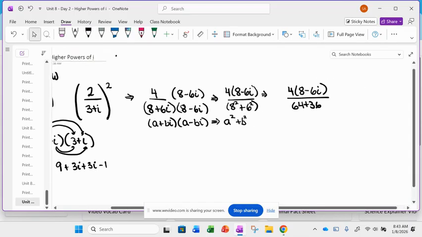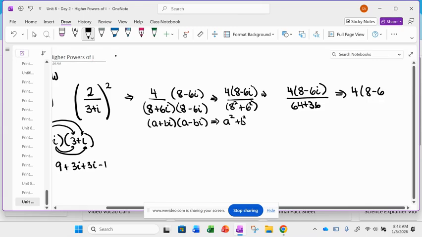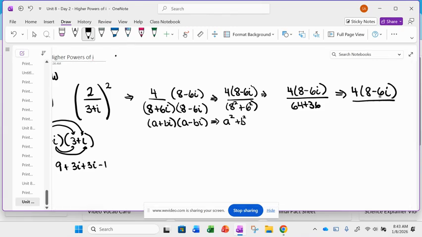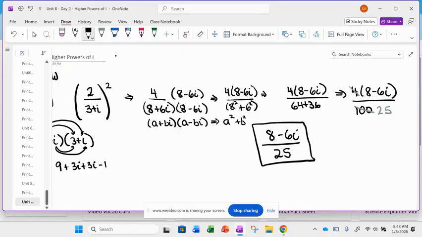So we keep going, and we're going to get 4 times the quantity of 8 minus 6i, all over 100. And then we can simplify. 4 goes into 100 25 times, and that's how we get 8 minus 6i over 25. Does anybody want to see how it would have looked if I rationalized first and then squared? Are we okay?